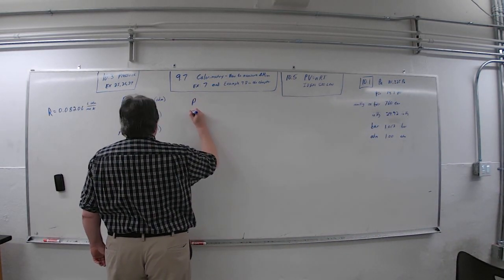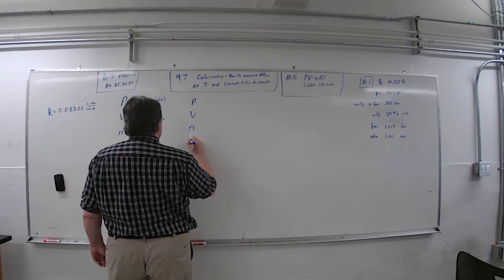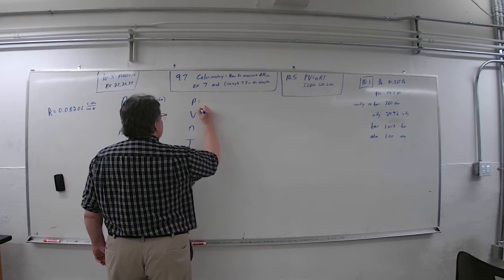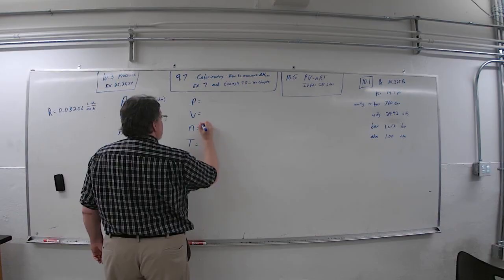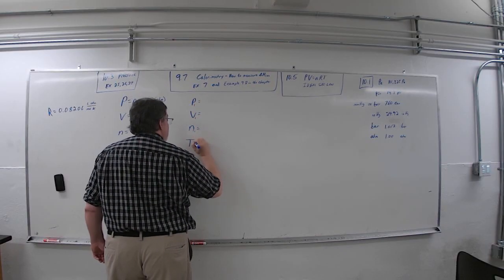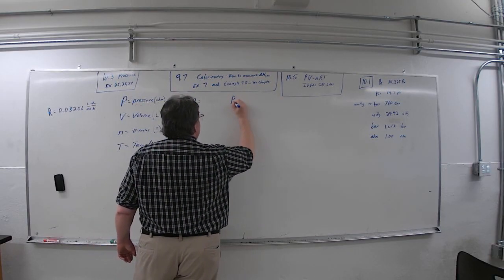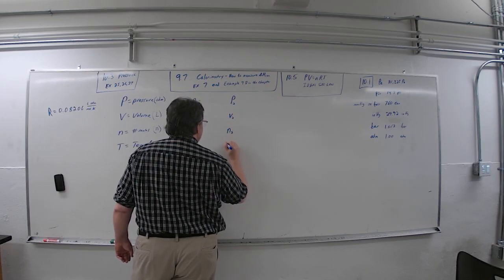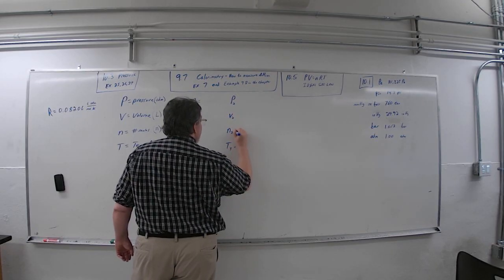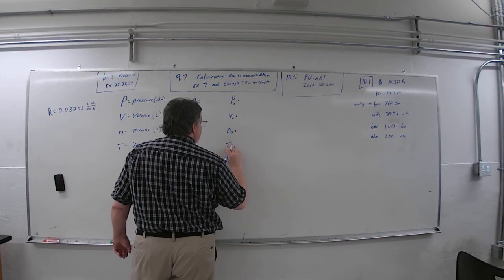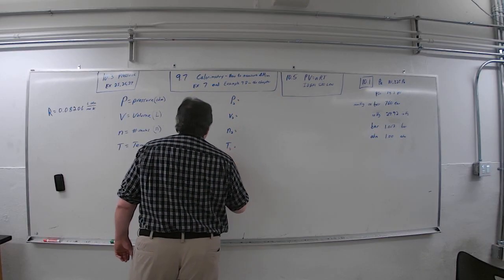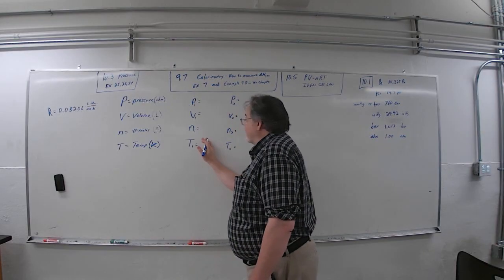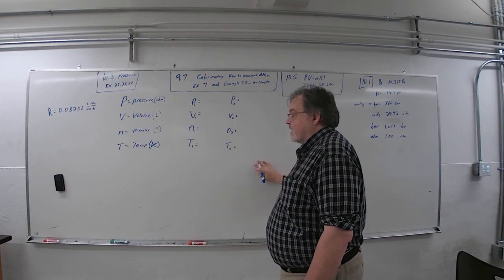You've got pressure, volume, number of moles, and temperature. So you have one state where you have all these defined, and then another state where you have all these defined.